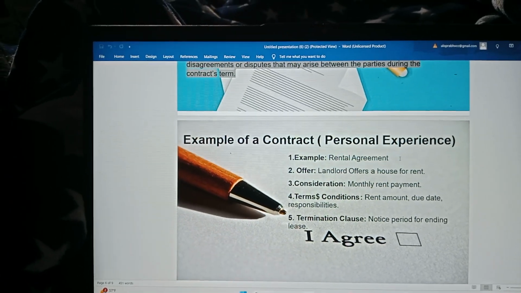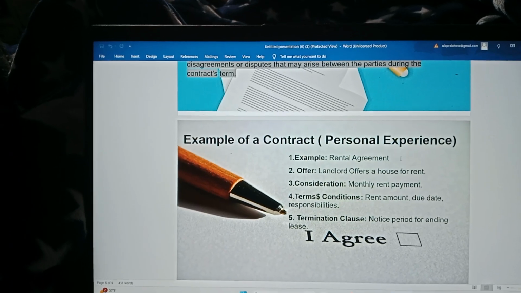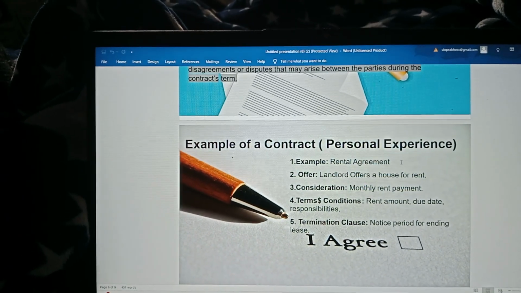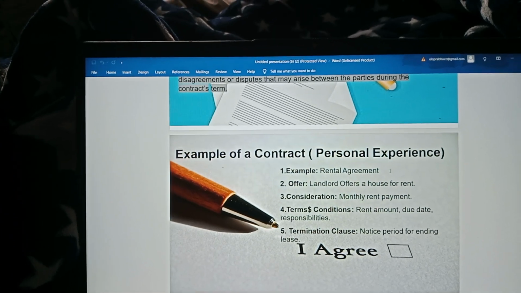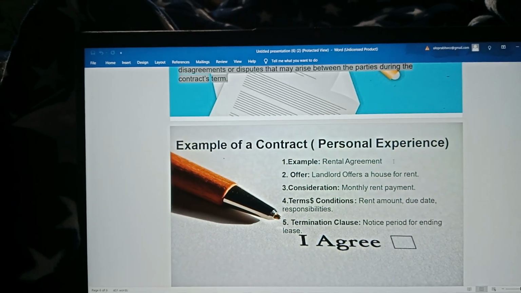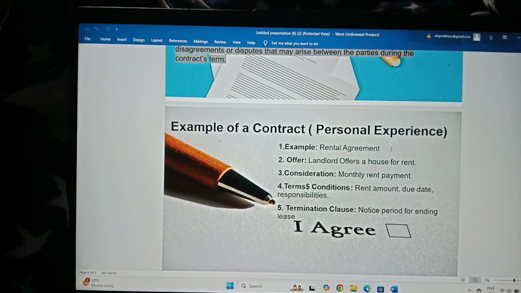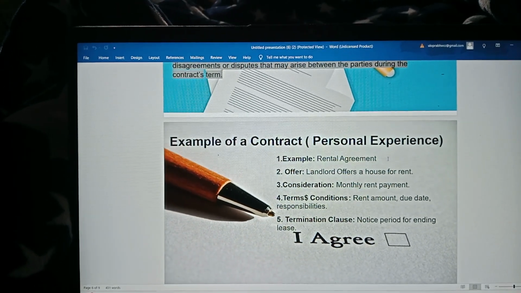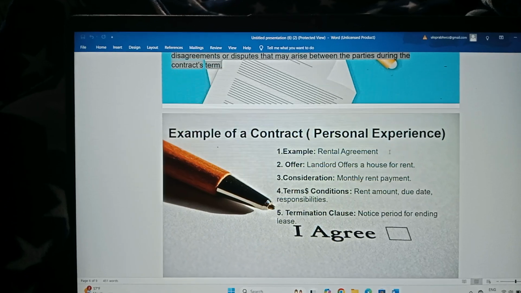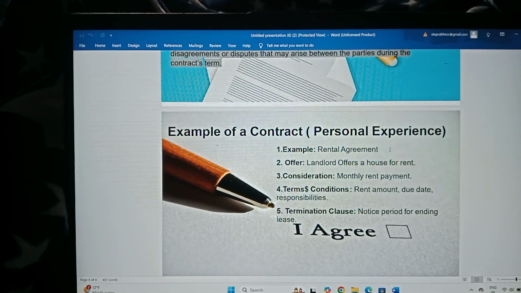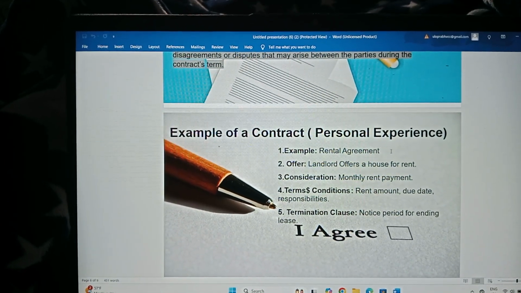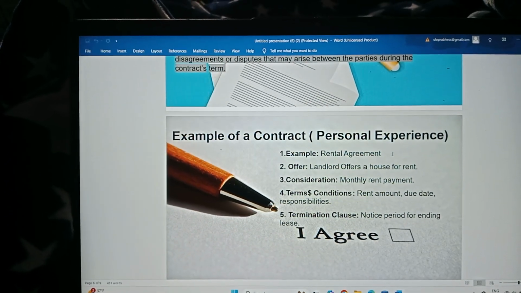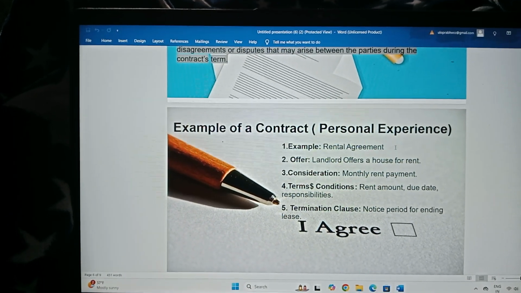From 1st of March we will move to a new basement, where we have to make a contract with the owner about its rent and its maintenance. For example, the landlord offers a house for rent to us, so we signed a contract with him, like we will send rent on time before the due date.